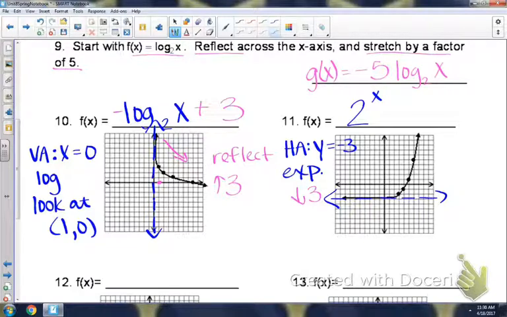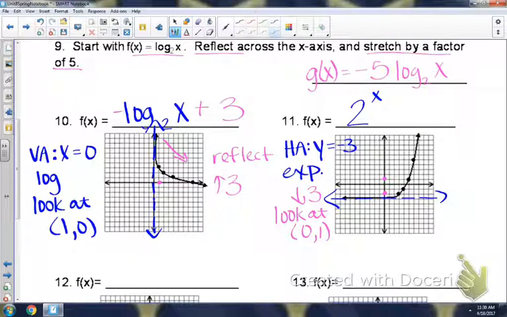Now what I want you to do on the exponential, I want you to look at, we don't have a 1, 0 point, we have a 0, 1 point. So go ahead and plot that 0, 1 point. And we know that point went down 3. 1, 2, 3, which would be this point here. Now, what do I need to do to that last point that I plotted in order to get to the next one?